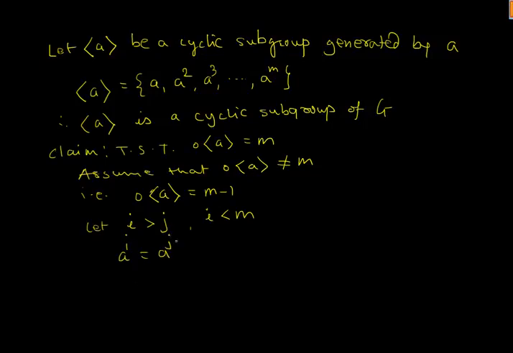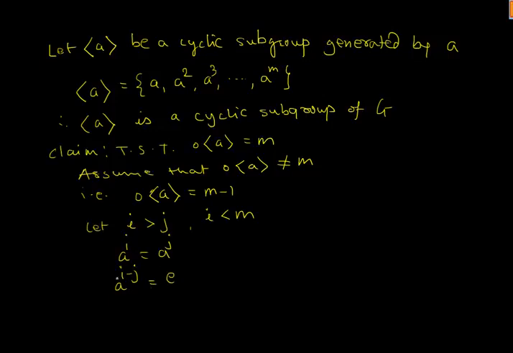Right, this is the element of G. G is a group, therefore the inverse of a to the power j must exist in G, and we take that inverse and operate on both sides. We will get a to the power i minus j is equal to the element and its inverse giving identity. All right.